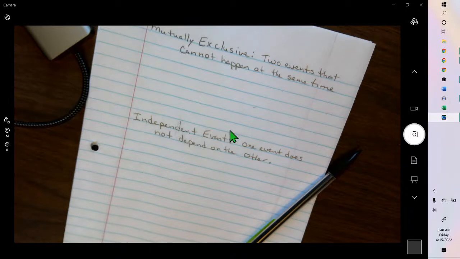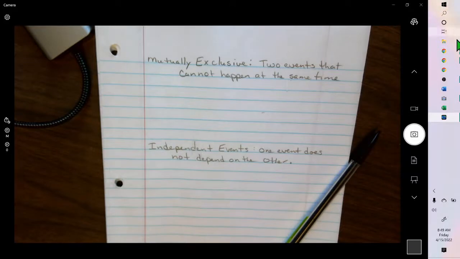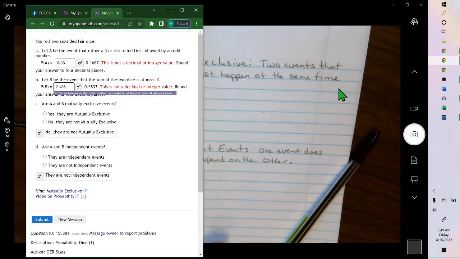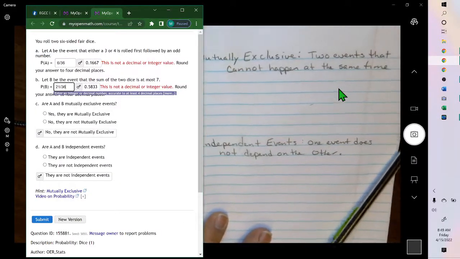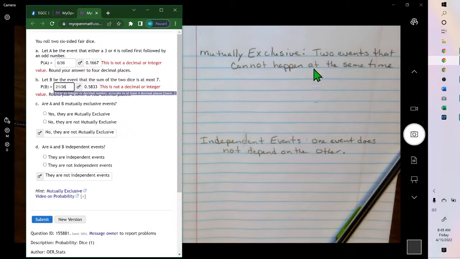Okay, so on this one, it talks about mutually exclusive. Two events that cannot happen at the same time.